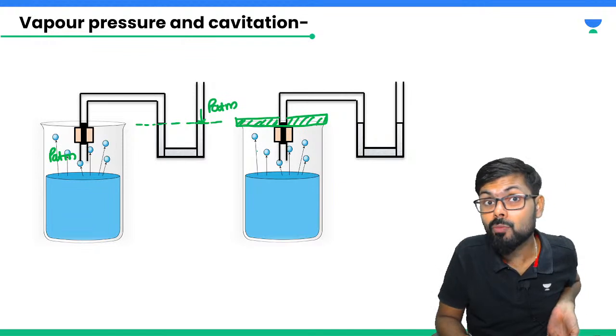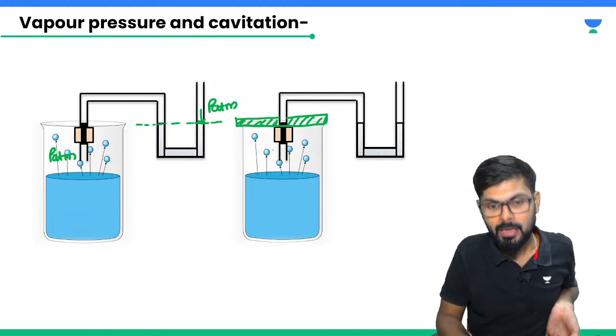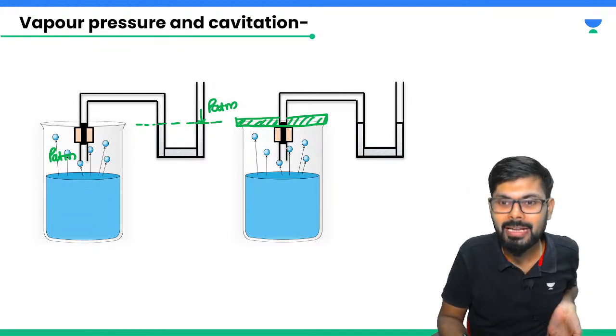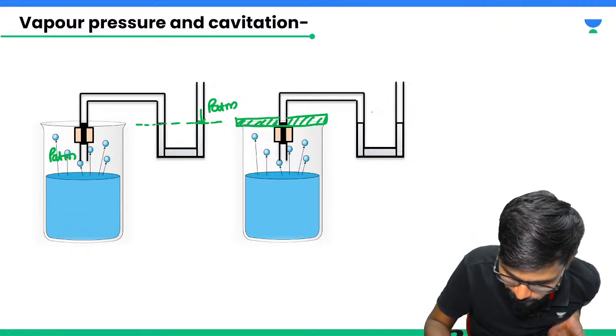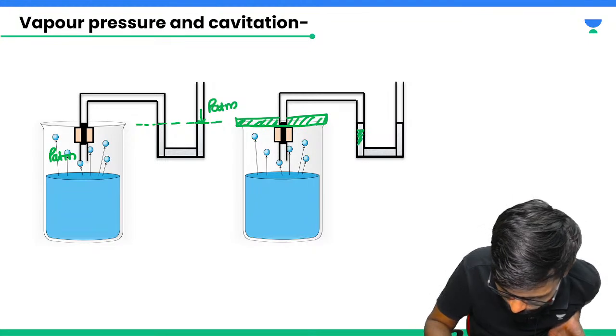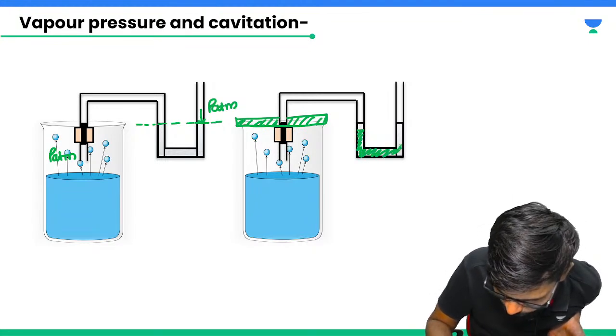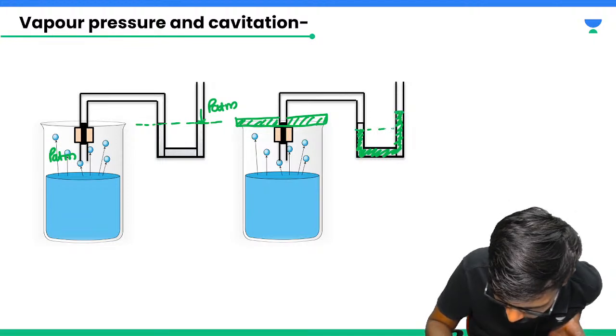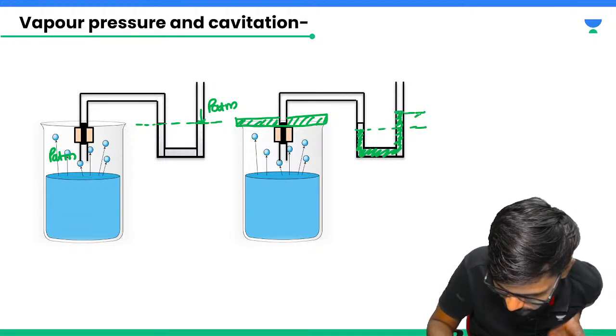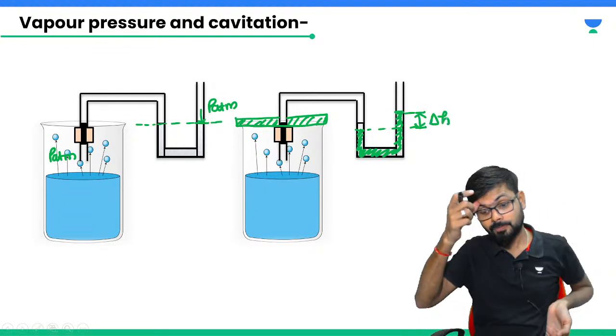Here pressure will be somewhat more than atmospheric. Here inside pressure will be more than atmospheric. Here PATM is there. So because of that, what will happen, beta? Because of that, this will go somewhat here, and this will be something like this. Now this much difference will come. This is, let's say, H or delta H. A very small change will come.